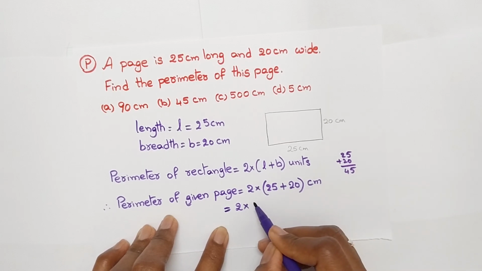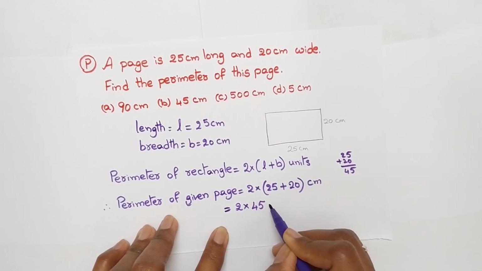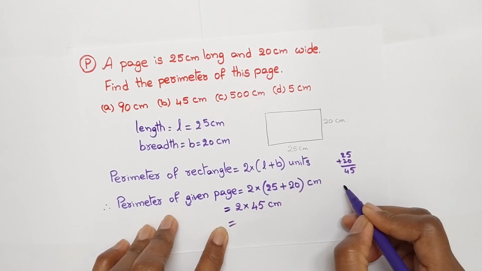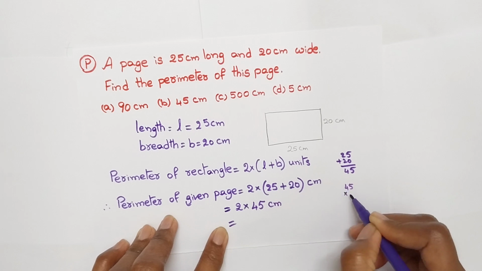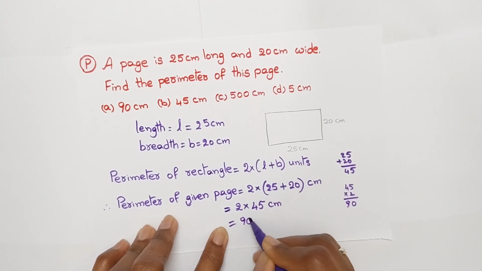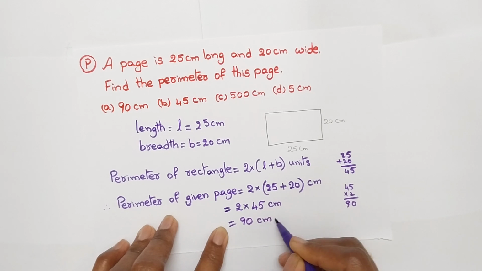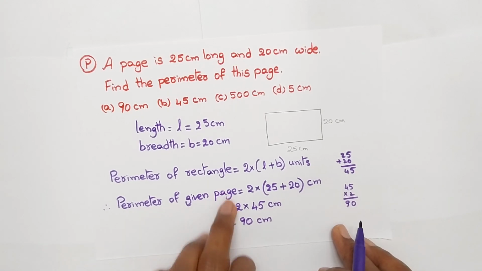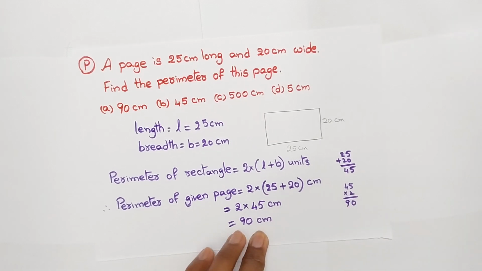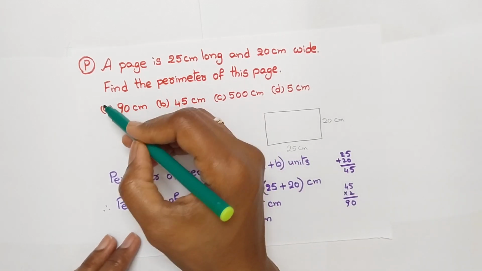So 2 into 45 centimeters. 45 into 2 is 90. So perimeter of given page equals 90 centimeters. Which option is the one? Option A is the correct one.